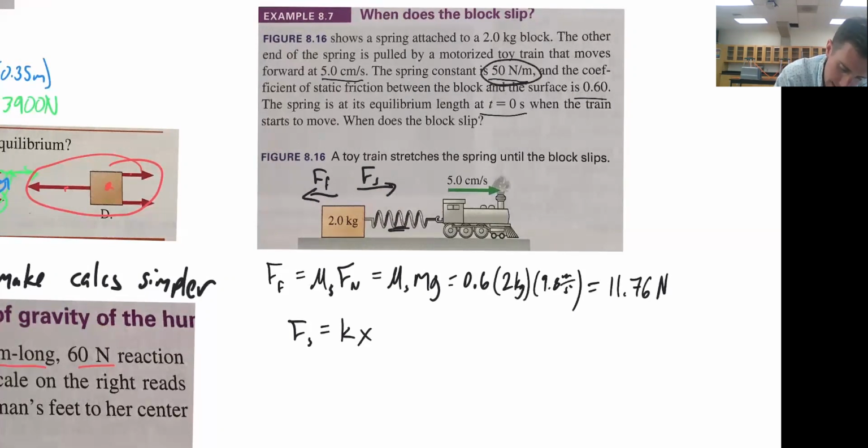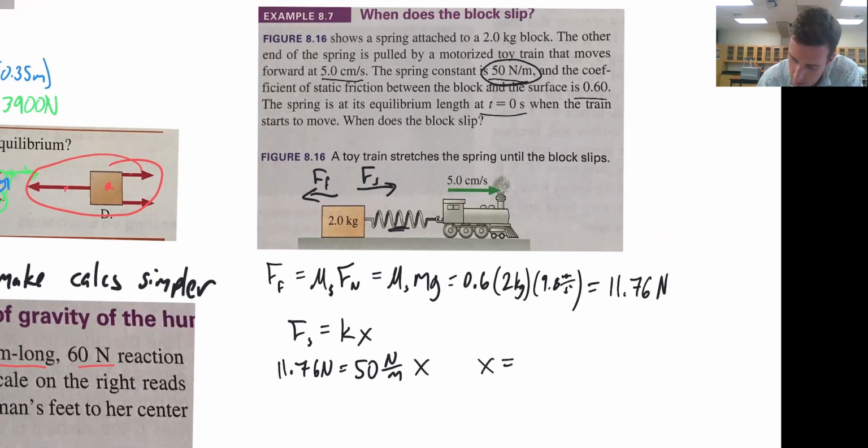So 11.76 newtons equals 50 newtons per meter times x. X equals answer divided by 50, 0.235. Okay, so 0.235 meters is how far the spring can stretch.